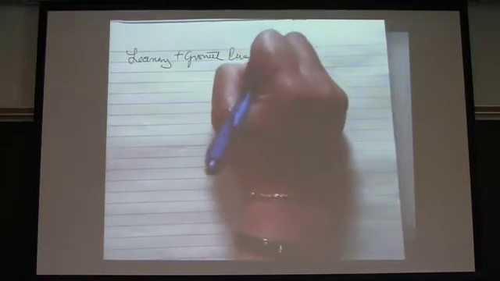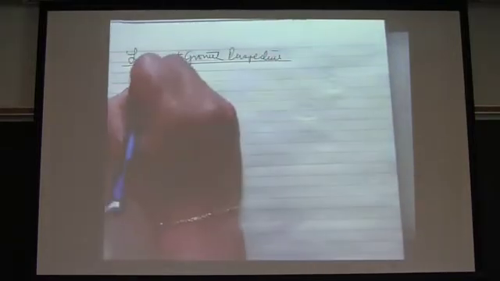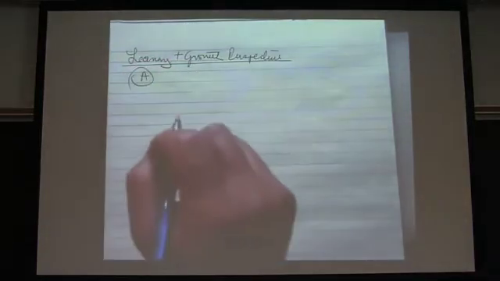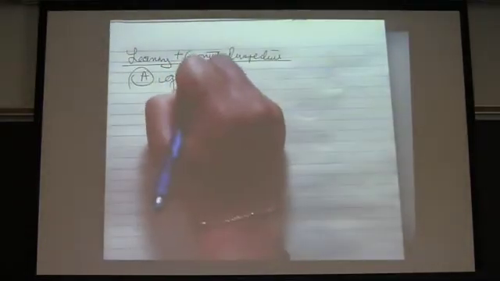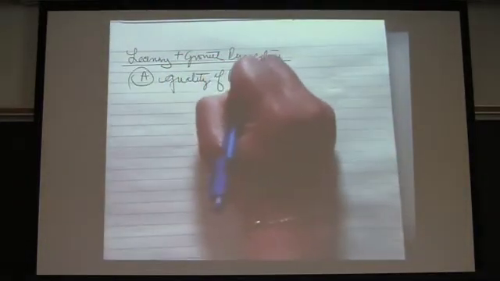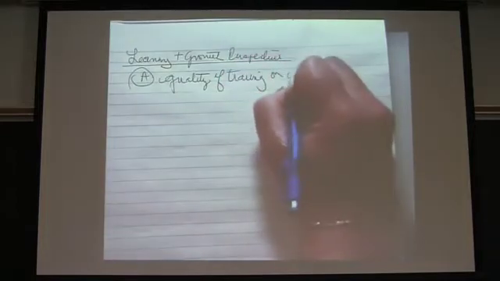Now, we might want to look at the learning and growth perspective as well in our balanced scorecard. And what would we include in there? Well, maybe the defect has to do with the quality of the training on our employees.